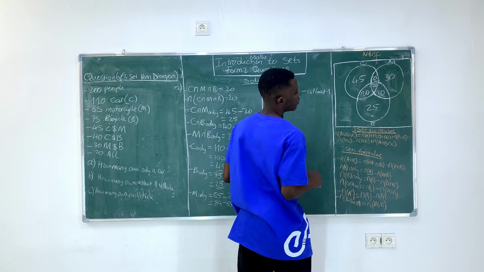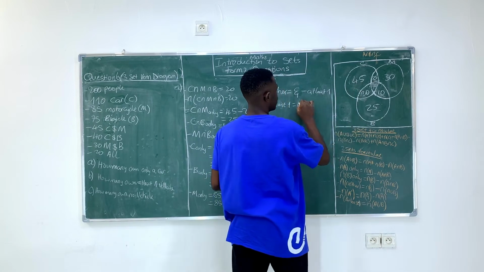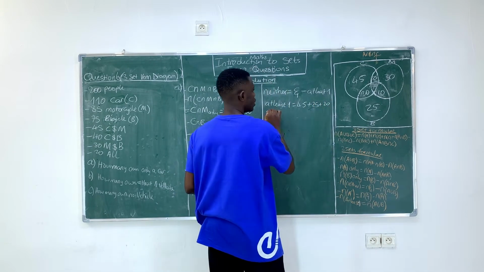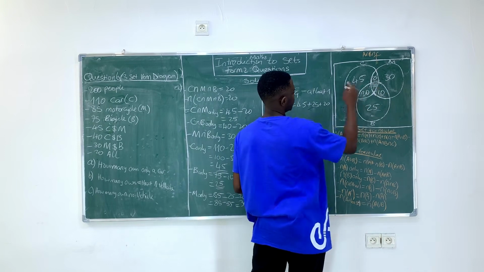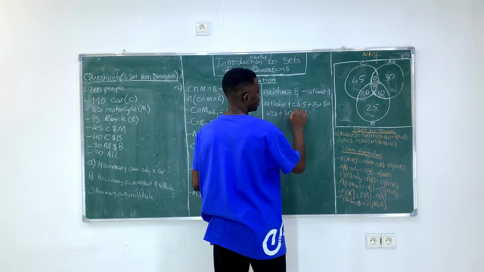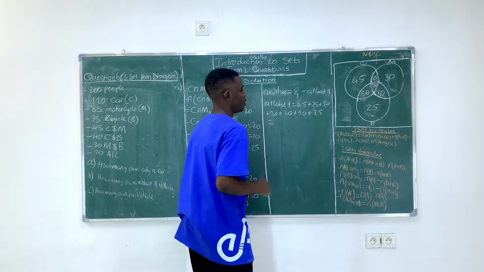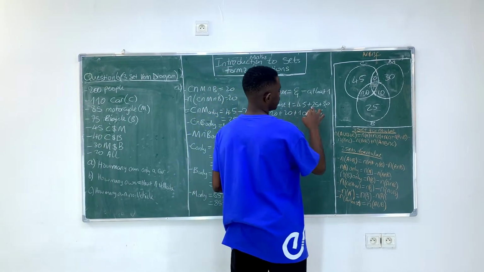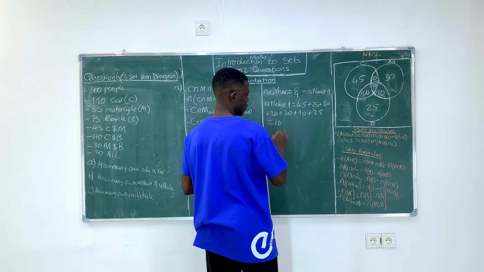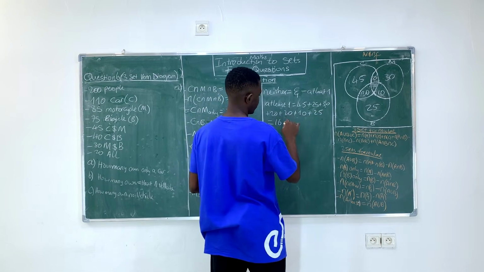If I sum it, 45 plus 25 plus 30 plus 20 plus 20 plus 10 plus 25.